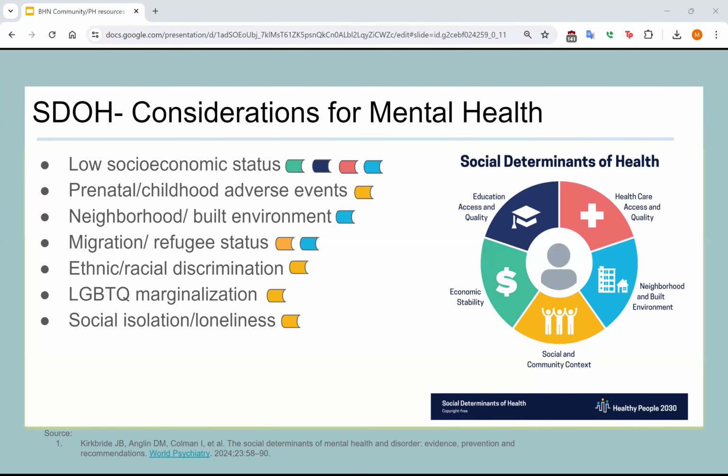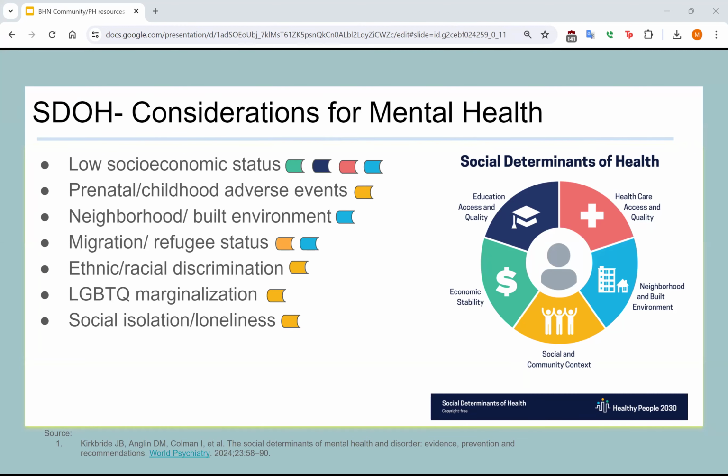So maybe things like whether you were bullied or had trauma, or the neighborhood around you, again, might be a stressful environment. Migration or refugee status was related to psychotic disorders as well as PTSD, especially considering where people might be coming from and the situations. And then discrimination of any form was associated with mental health.